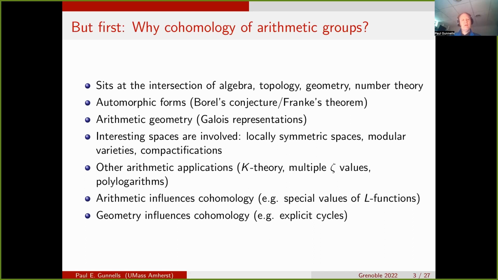One of the key things that it involves is automorphic forms. So you've heard a lot, I'm sure, about modular forms, holomorphic modular forms, and perhaps some other generalizations in other settings. But the connection here is that in a certain sense, when you're computing the cohomology of an arithmetic group, you are explicitly working with certain automorphic forms.